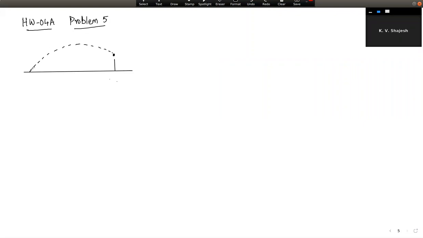We are given the initial velocity here, so that's v initial, and that's equal to 20 meters per second. And the angle at which it is launched is 40 degrees.